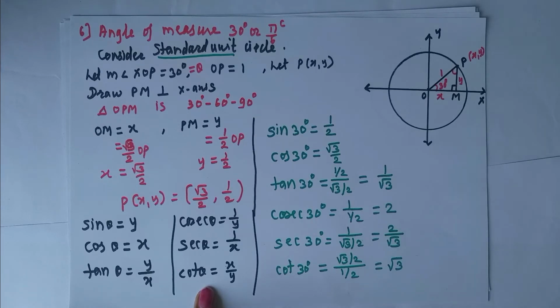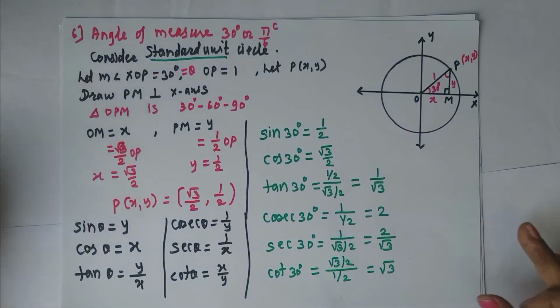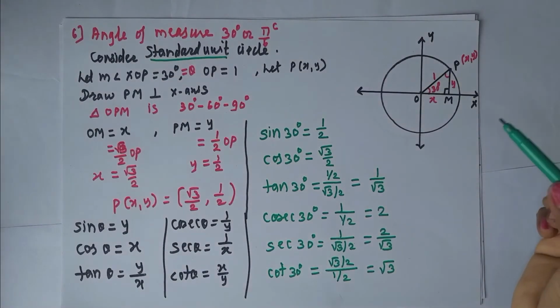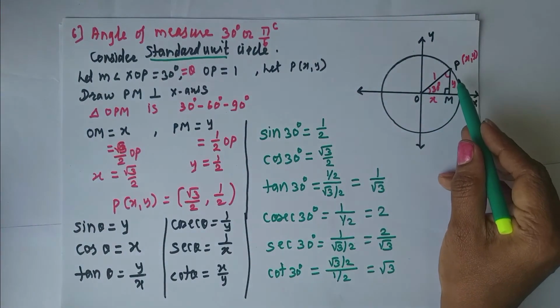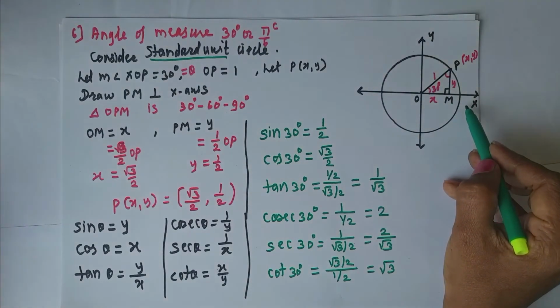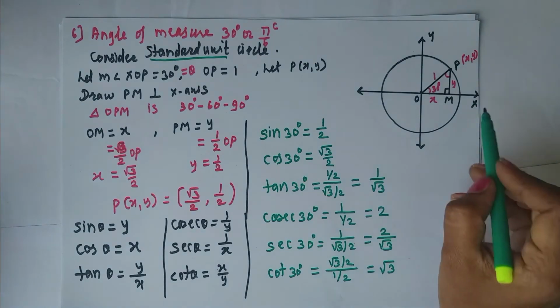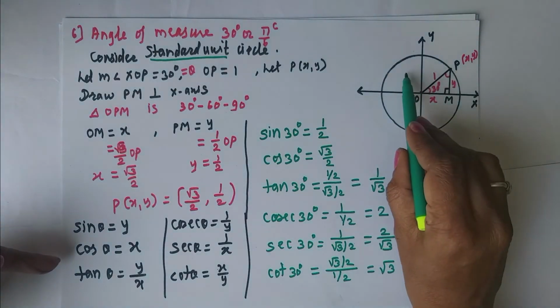Okay, what is important here, in each and every case we are considering the standard unit circle. Here point P lies in the first quadrant and measure of angle XOP is 30 degree. Here we are making the construction, that is we are drawing PM perpendicular on the positive direction of the x-axis. You always remember that we have to draw perpendicular on the x-axis, not on the y-axis.